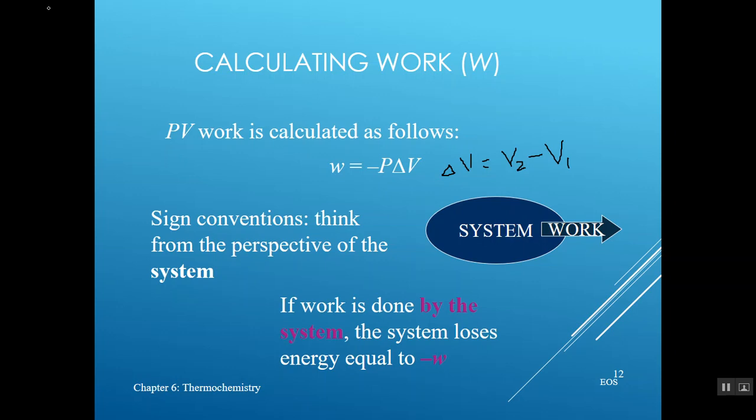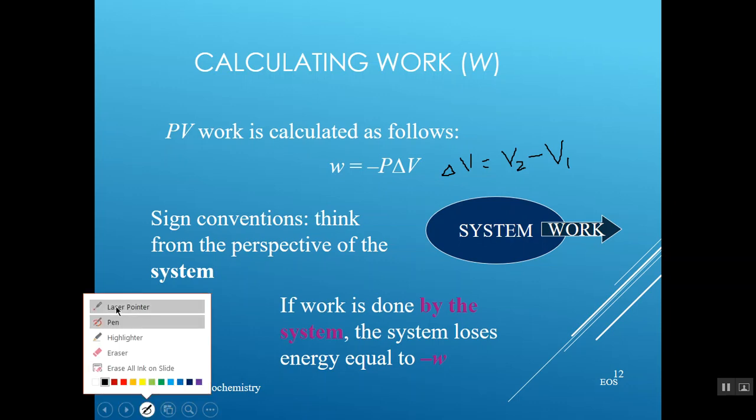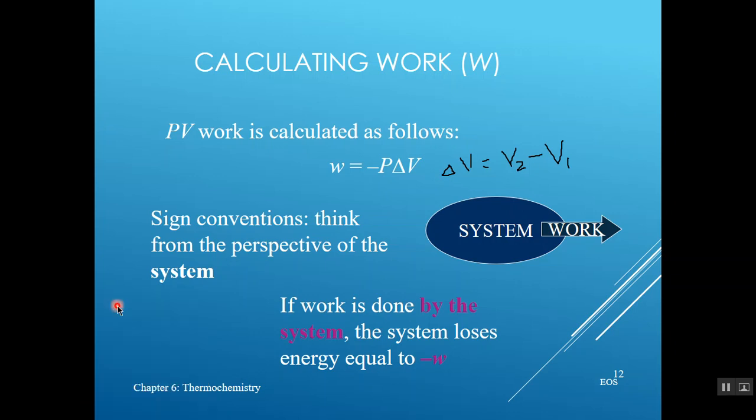Now, as stated here, if work is done by the system, the sign associated with that work would be negative, right? Because when work is done by the system, the system loses energy, and therefore the value of that work would be negative.